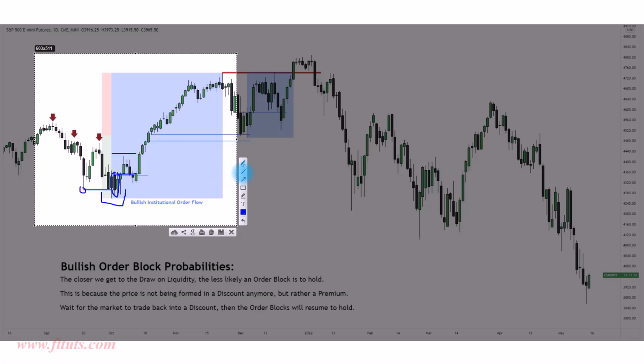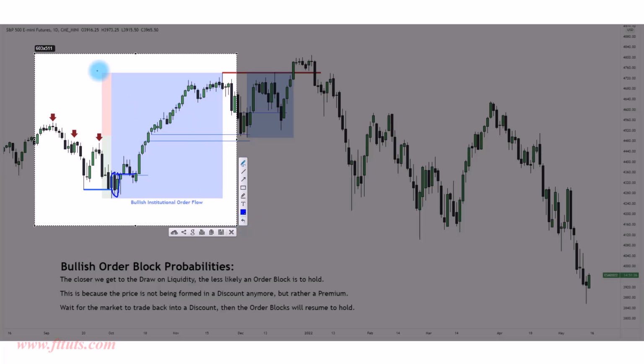Even if we took the range high here to range low here, this would be a discount. But the more we trade higher and higher toward a potential resistance level, price starts to be in a premium market. And if we blend key levels or an order block in a premium market, they're not expected to hold.